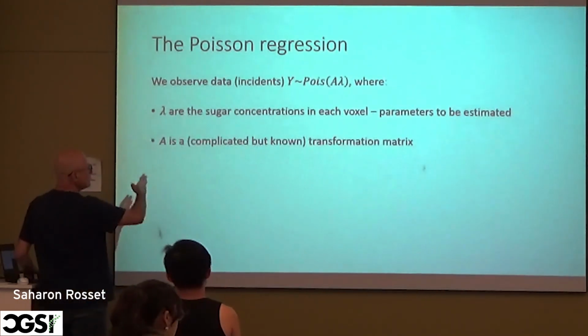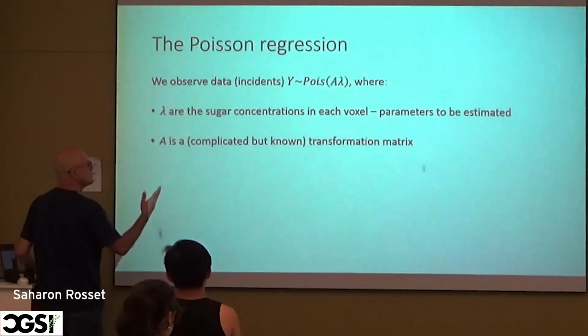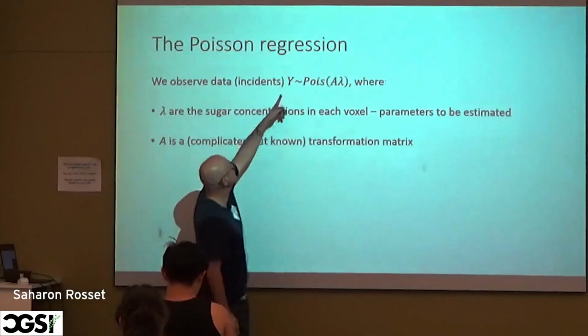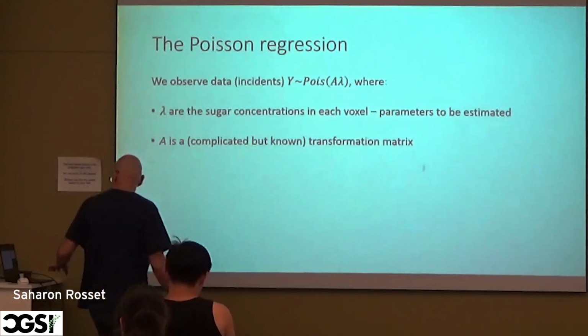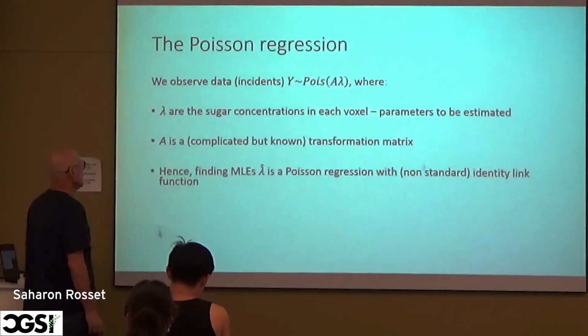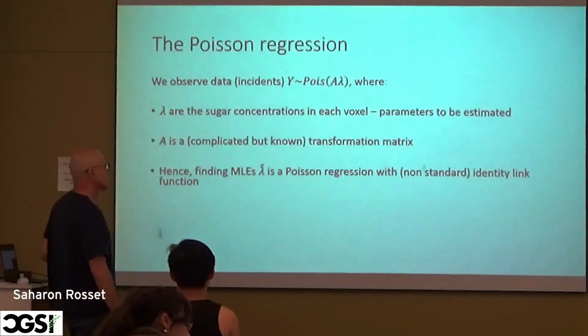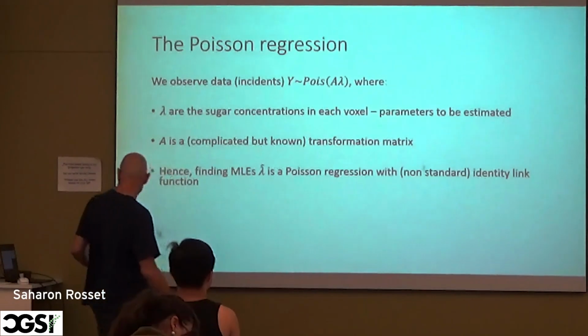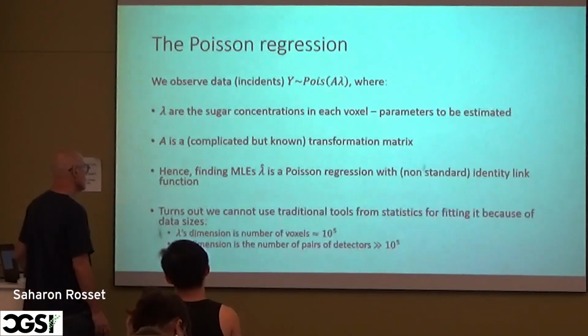A is complicated, but we can assume a known transformation matrix, and then what we see are these incidents, and therefore it's just a Poisson regression problem. But it's a Poisson regression with an identity link function and not the standard log link function.